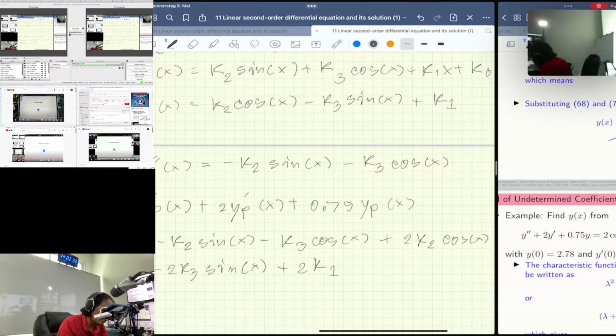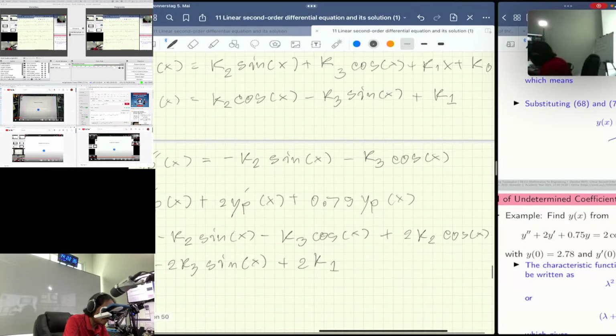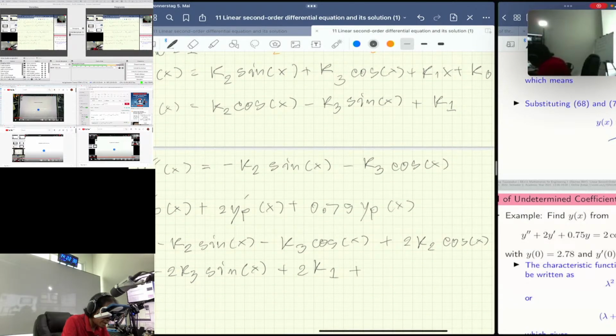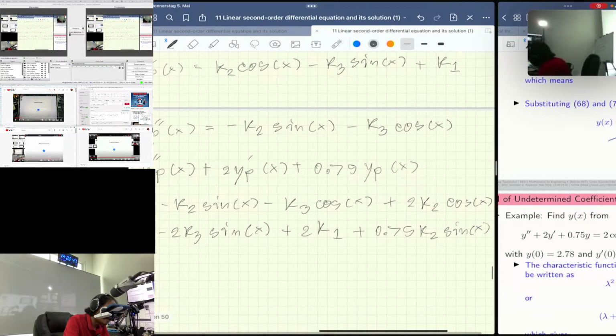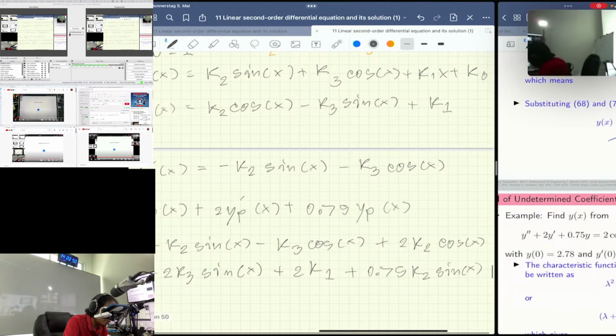And the last term will be 0.75, so plus 0.75 k2 sine x, and 0.75 again k3 cosine x and plus 0.75 k1x plus 0.75 k0.